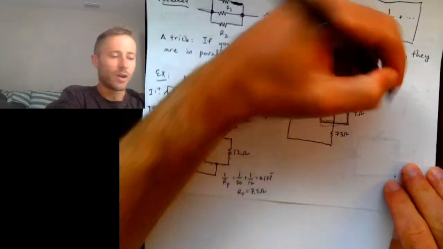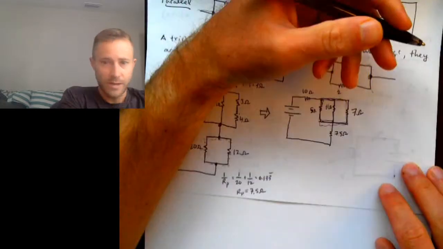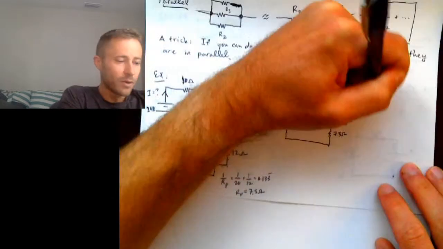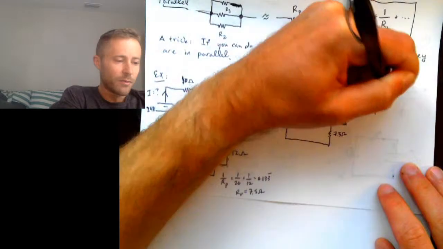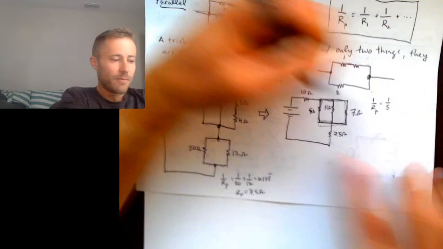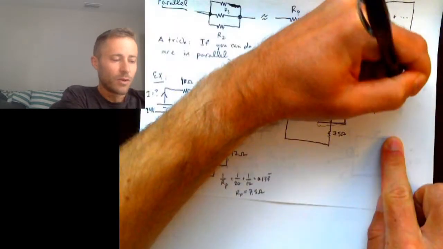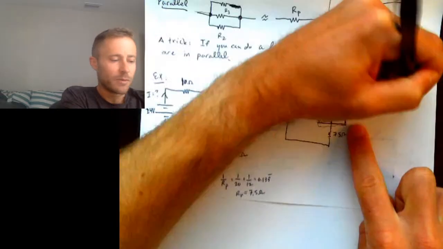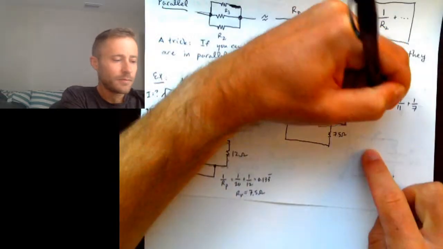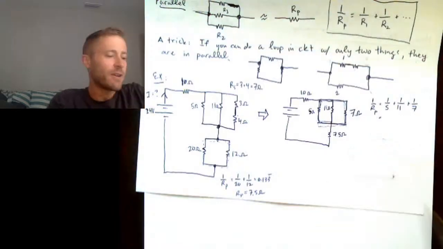So I'm going to use the rule applied to 3, which is 1 over r sub p would be 1 over 5 plus 1 over 11 plus 1 over 7. All right?